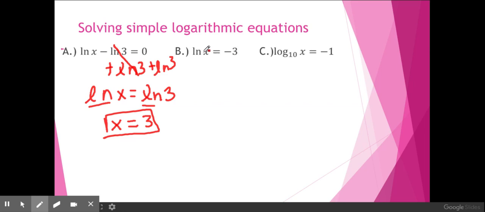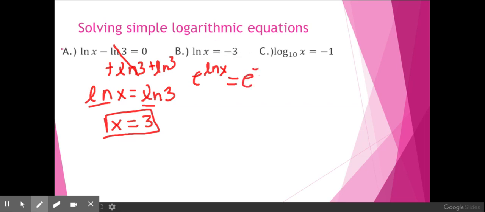Here we have the ln of x equals -3. So in this case, our log is completely alone. We can't use the one-to-one property because we don't have an ln on the other side to match. So we need to use a base of e to cancel out this ln. So e, and we're going to raise it to the ln of x. And we have to do the same thing on the other side to keep things equal.